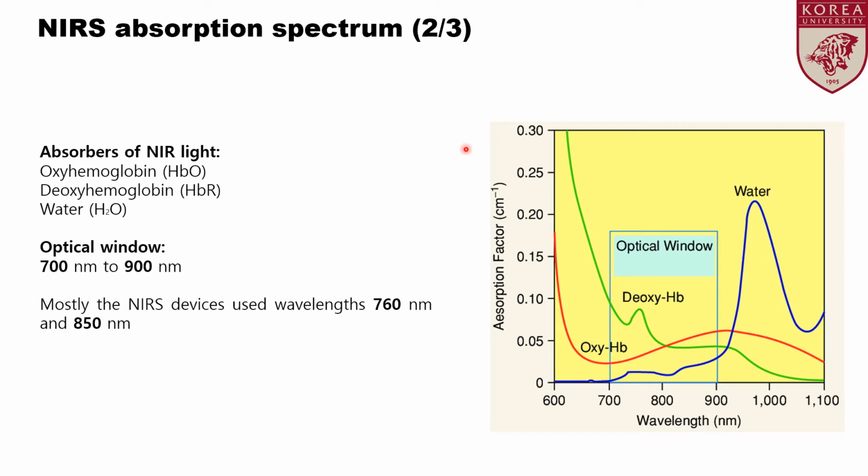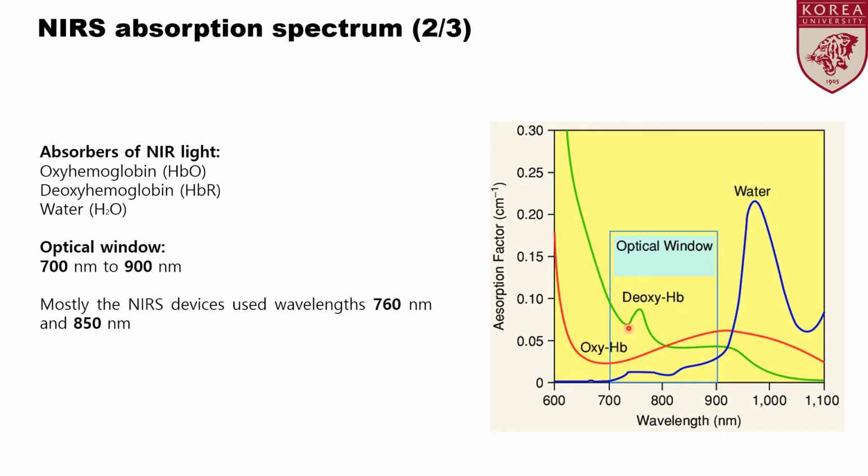As we can see in this figure, in our blood there are many chromophores, but three chromophores are the main absorbers of NIRS light, and those chromophores are oxyhemoglobin, deoxyhemoglobin, and water.